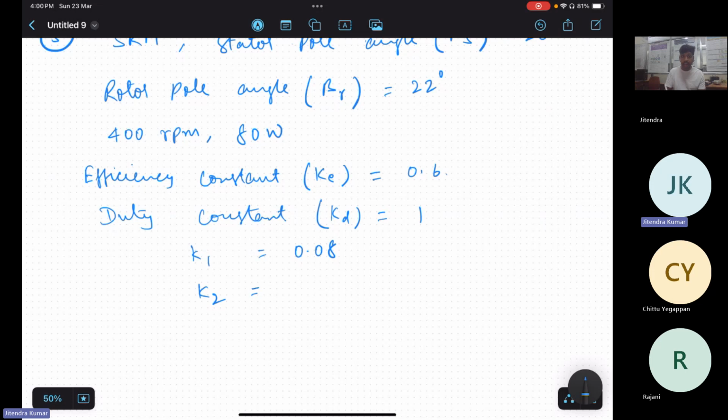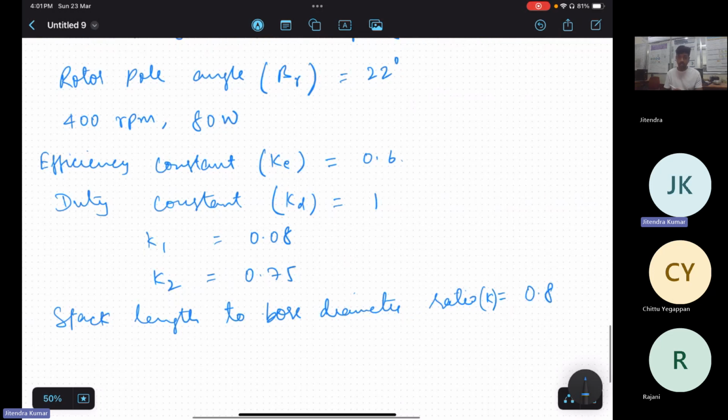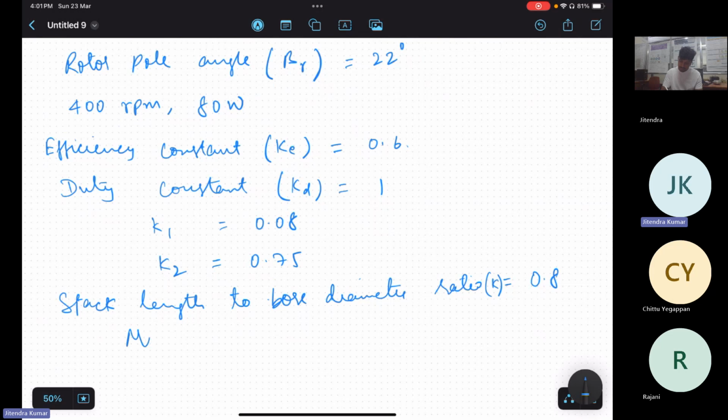K2 is given as 0.75. A stack length to bore diameter ratio, which is also known as K, is equal to 0.8. Magnetic loading B is equal to 1.2 Tesla.